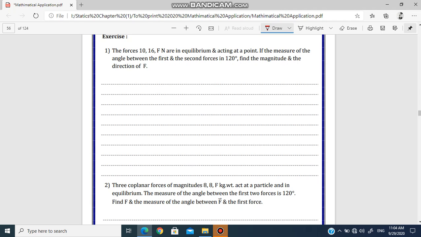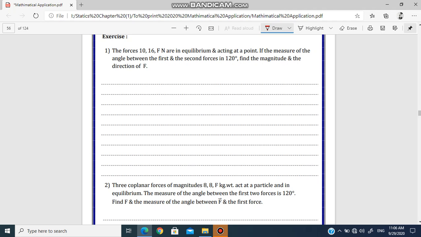Exercise number 1. The forces 10, 16 and F are in equilibrium and acting at a point. If the measure of the angle between the first and the second force is 120, find the magnitude and the direction of F. Here the forces 10 and 16 and F Newton are in equilibrium and acting at a point.